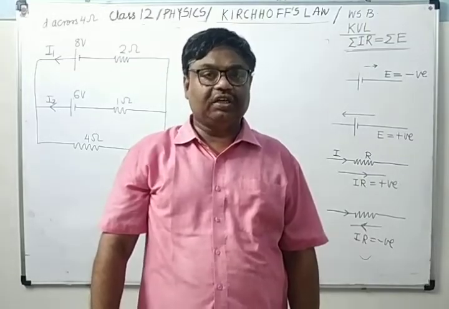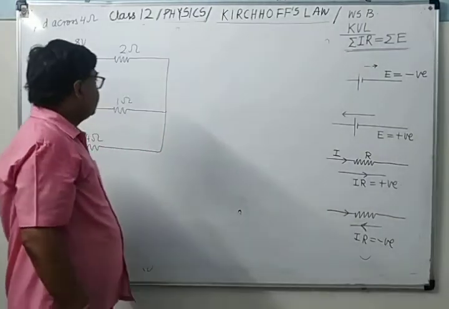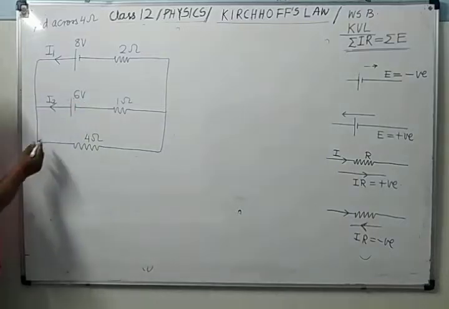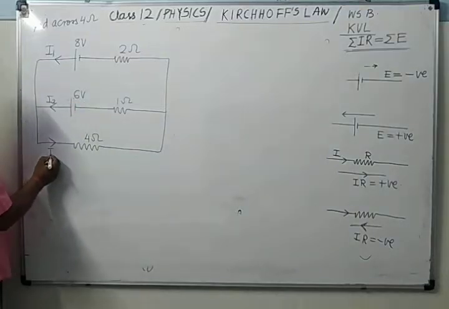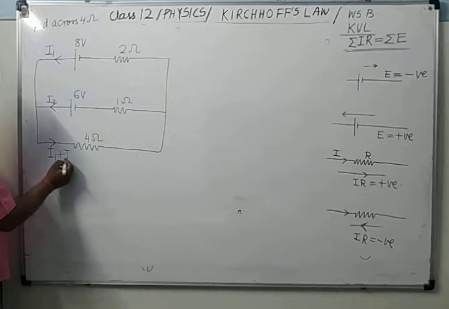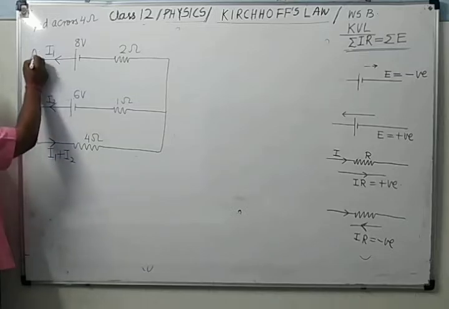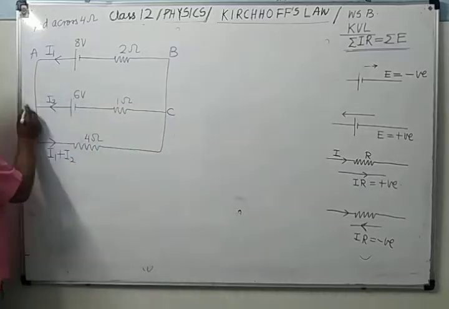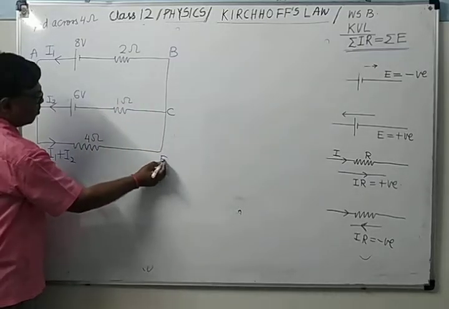Okay? So that you will remember. Now here this I1 current comes from this side, I2 from this cell. So what will be the current here? I1 plus I2.